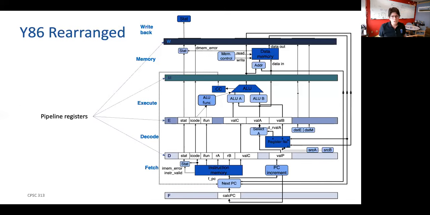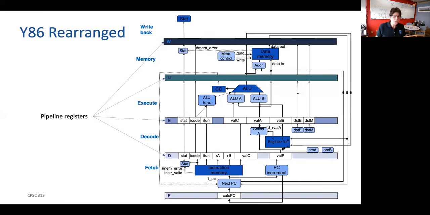So we're going to introduce two new pieces of state here, dstE and dstM. You remember we had little logic blocks that figured out what those are, because sometimes it's rB from the instruction, sometimes it's a stack pointer. So we still need that logic. We're going to figure out what goes into dstE and dstM, and add that to our E register.